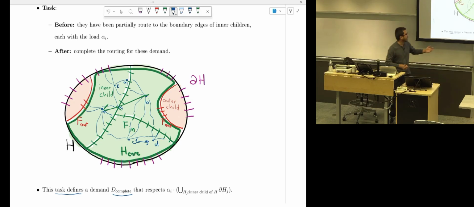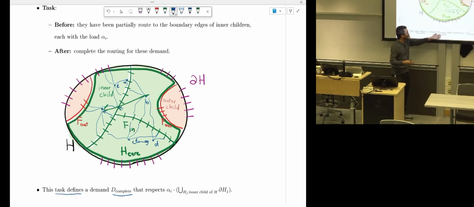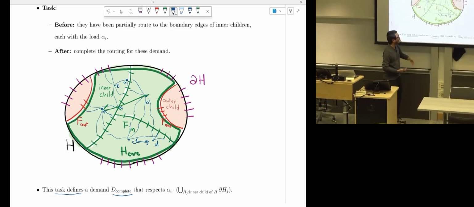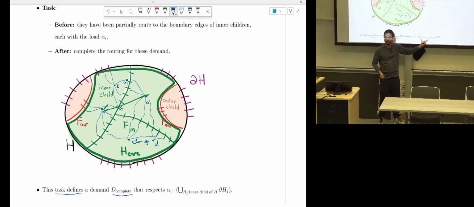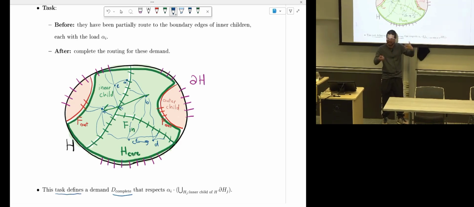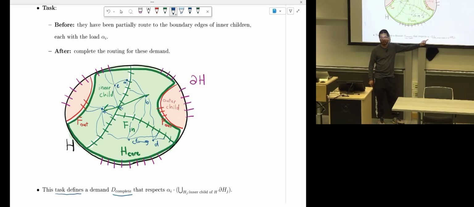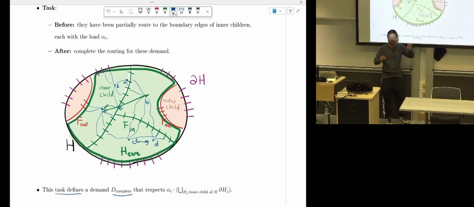Let's call it D complete, which is to complete the routing inside the core. And this demand will respect the batteries of inner children, just because it's the demand between the batteries of inner children. But when you scale it up by alpha I, just because the load there is not just one, it's alpha I.